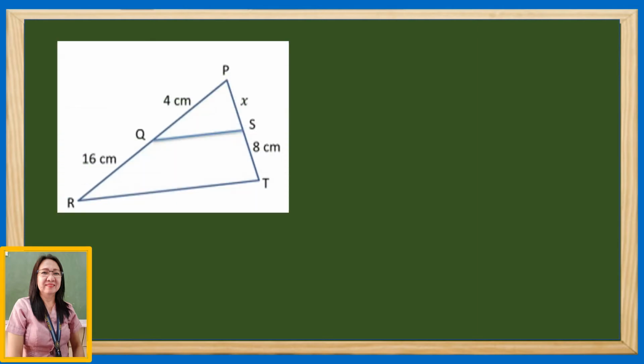Now let us see the application of this Basic Proportionality Theorem. Let us look at this figure. We have triangle PRT. Then we have segment QS, where this segment QS divides our side PR and side PT, and this QS is also parallel to our side RT.